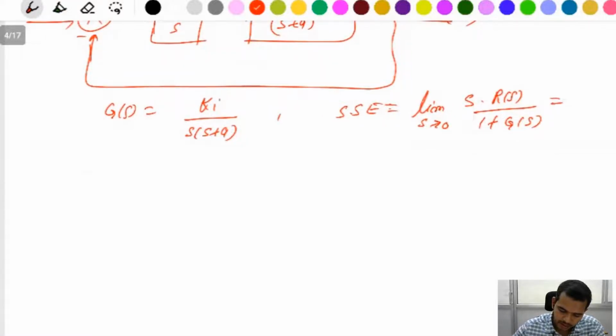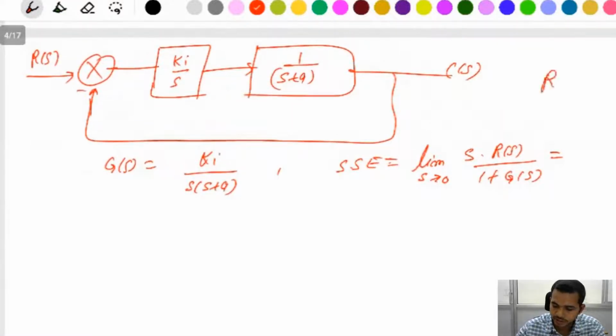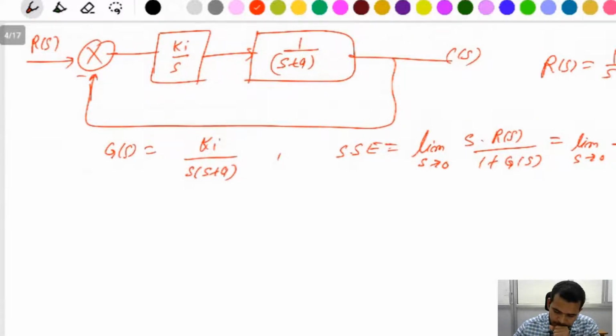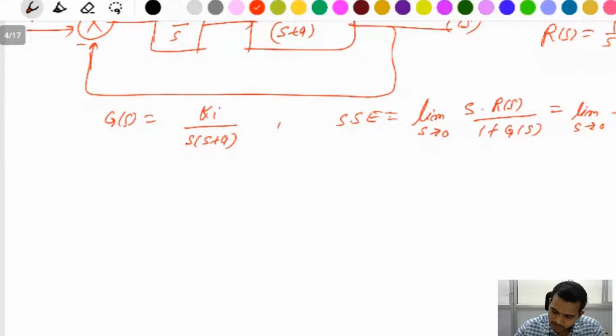Here R(s) is the same I have taken, step response 1 by S. Then 1 plus G(s). Here G(s) is Ki divided by S plus A.